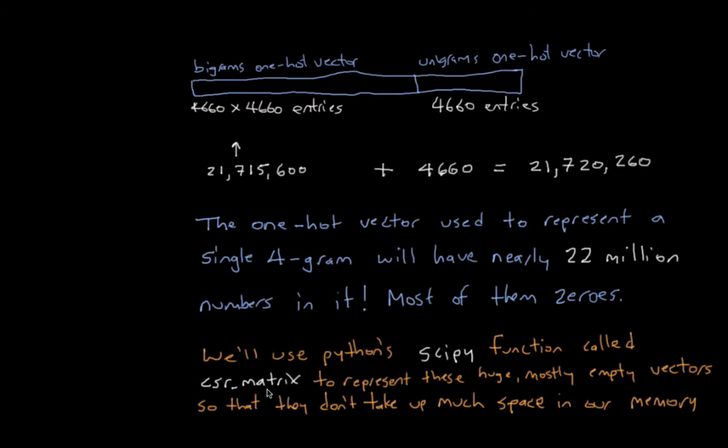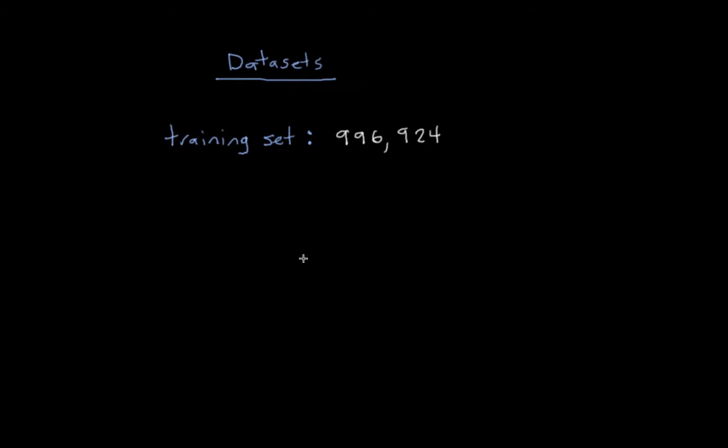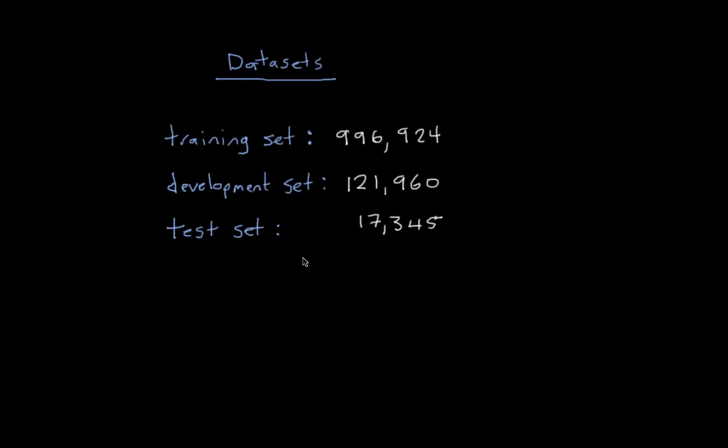We don't want to take so much space up in our memory, and CSR matrix allows us to represent these one-hot vectors in a very efficient way where we don't have to actually store 22 million zeros and ones for a single 4-gram. My code creates a whole bunch of Chinese 4-grams and assigns labels to them. The training data for the decision tree consists of about 1 million labeled 4-grams, and the development set contains about 120,000, and the test set has 17,000 labeled examples in it.